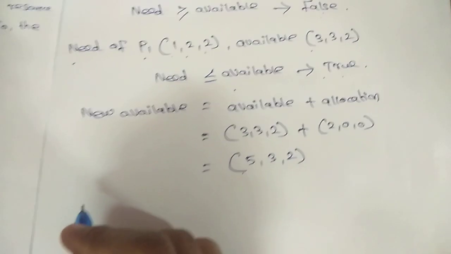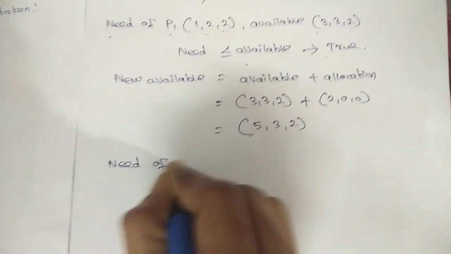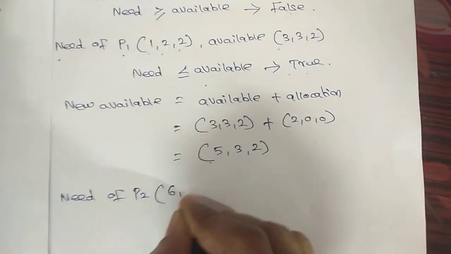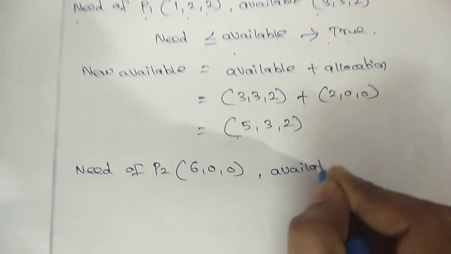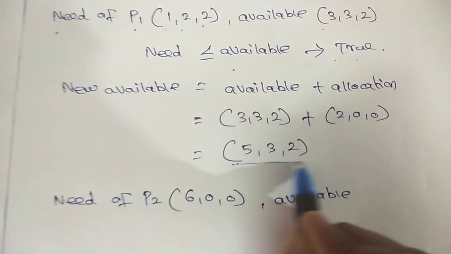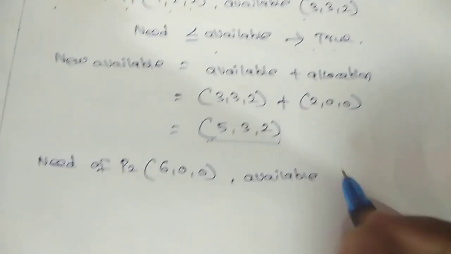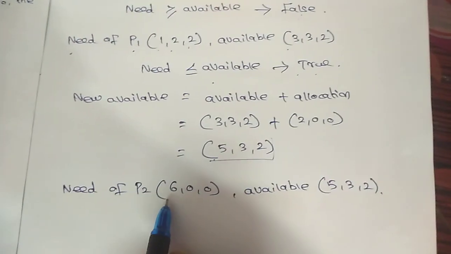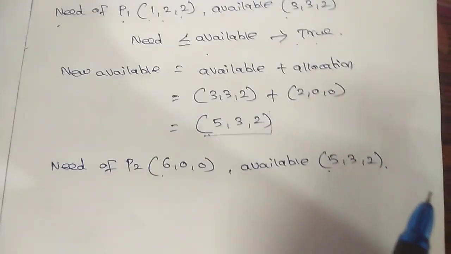Next you are going to check with the next need, that is process P2. Need of process P2 is 6, 0, 0, and for available we are going to take this new available. No need to take this 3, 3, 2. New available 5, 3, 2: 6 is compared with 5. 6 is greater than 5, so the algorithm tends to be false.